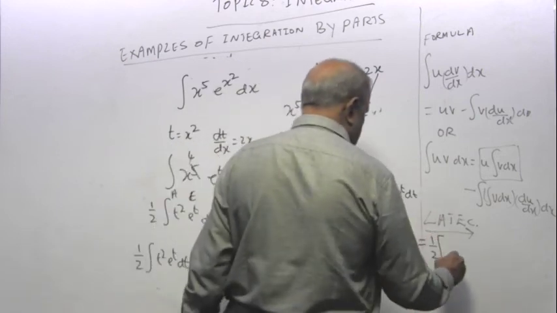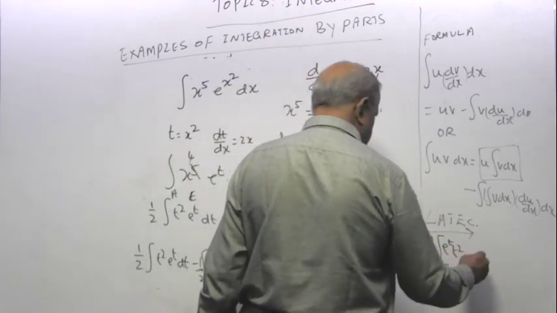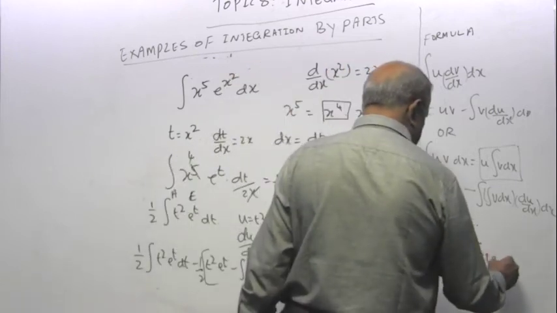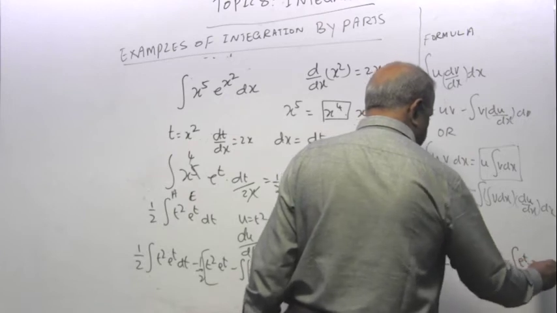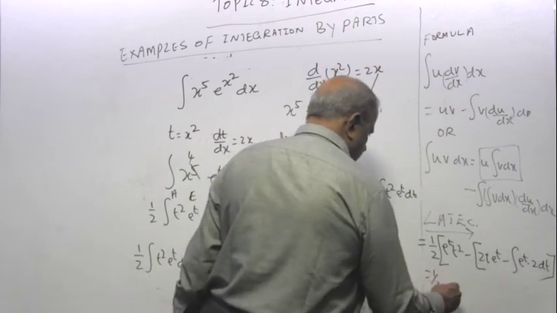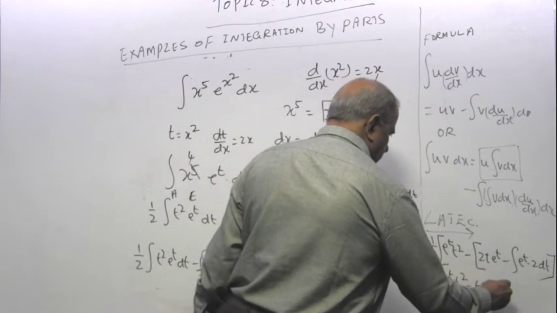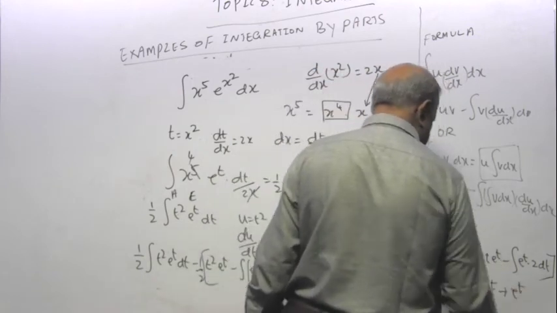So half e power t t squared minus u v, that is 2t e power t, minus integral e power t times 2 dt. So that is a half e power t squared minus t e power t plus e power t.